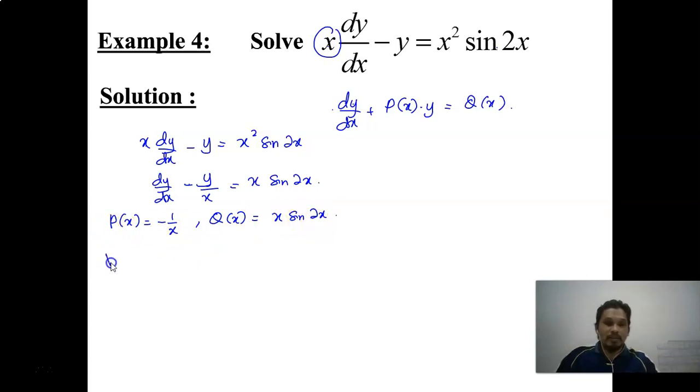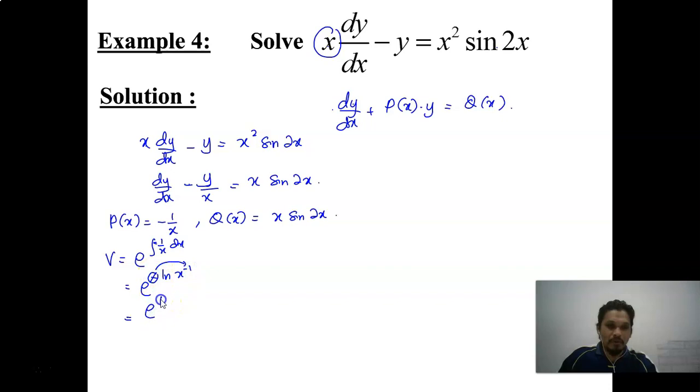Okay, so the integrating factor is e to the power of the integral of negative 1 over x dx. So e to the power of negative integral of 1 over x, natural log of x, and this negative brought up here becomes power of -1.